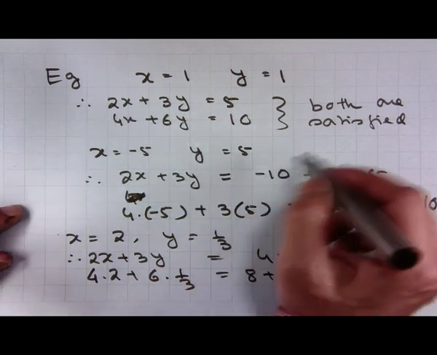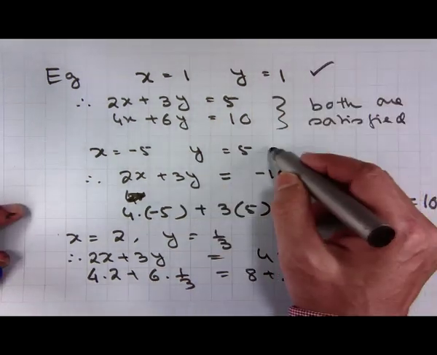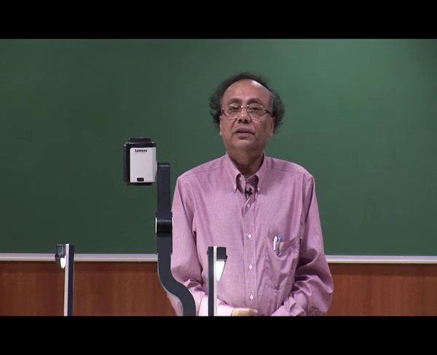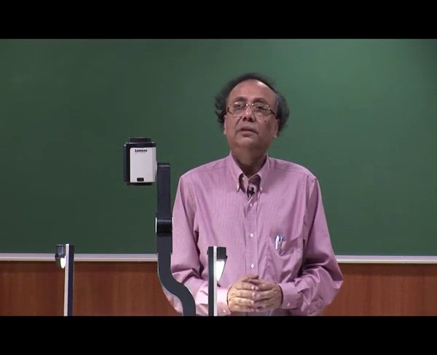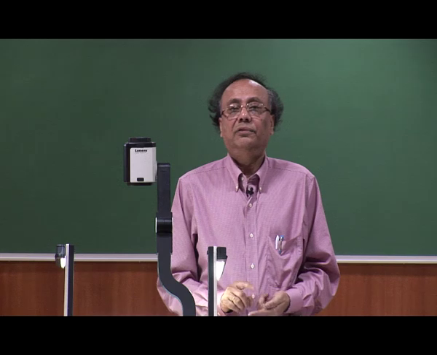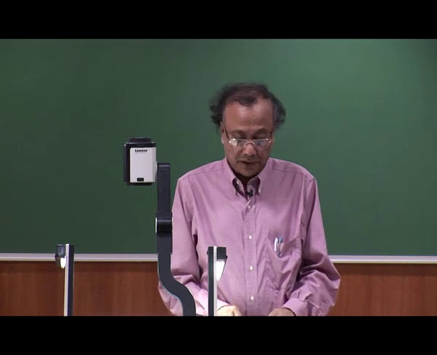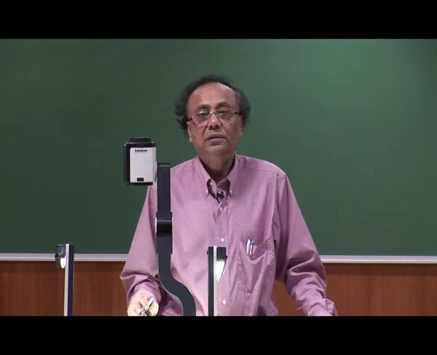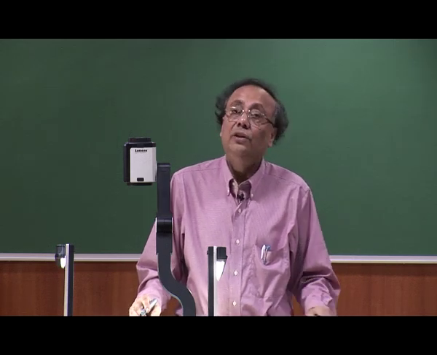Therefore, we see that we can find many solutions. In fact, we can compute infinitely many solutions for such a system of equations. Therefore, given a system of equations, we can have three possible situations. Either we can have one solution, or we can have multiple solutions, or we can have no solution.